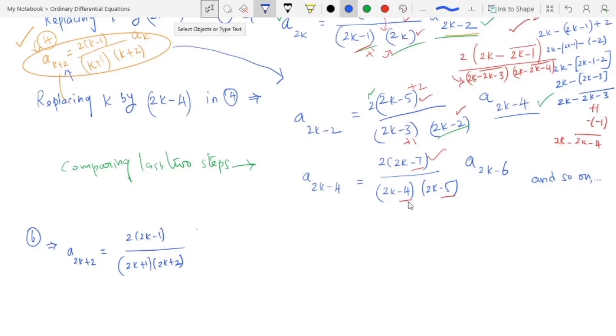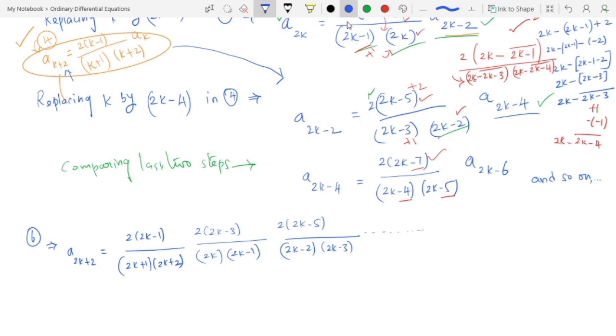So I am writing here 2 into 2k minus 3 by what comes: 2k plus 2, that minus 1, that is 2k plus 1 minus 1, that is 2k, 2k minus 1, that is 2k minus 1. Similarly 2 into 2k minus 5 by last 2k minus 1, that is 2k minus 2, again minus 1, 2k minus 3, and so on.